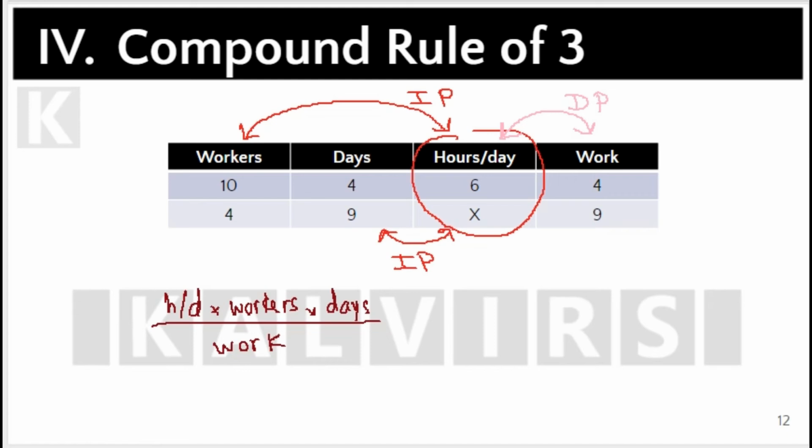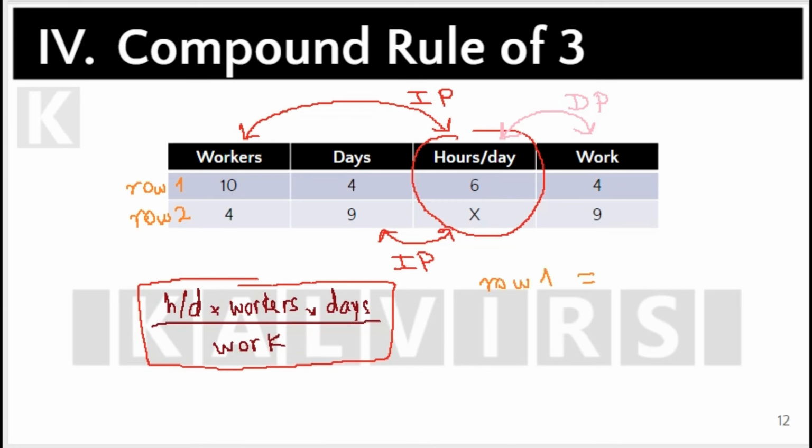Now, the result of this quotient is the same in row 1 and row 2. So row 1 equals row 2. And all we need to do is replace data. 6 times 10 times 4 over 4 equals x times 4 times 9 over 9.